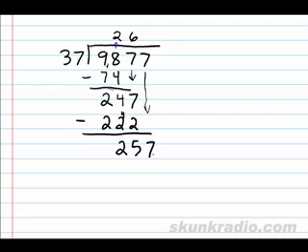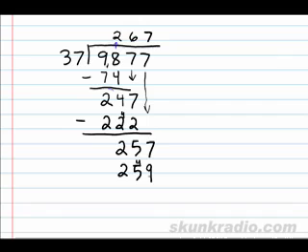Well, I kind of know now that 7 is going to work, because I just saw what happened before. So let me write the 7 down. 7 times 7 is 49. Carry the 4. 7 times 3 is 21, plus the 4 I carried is 25. Oh, look at that. I messed up again.